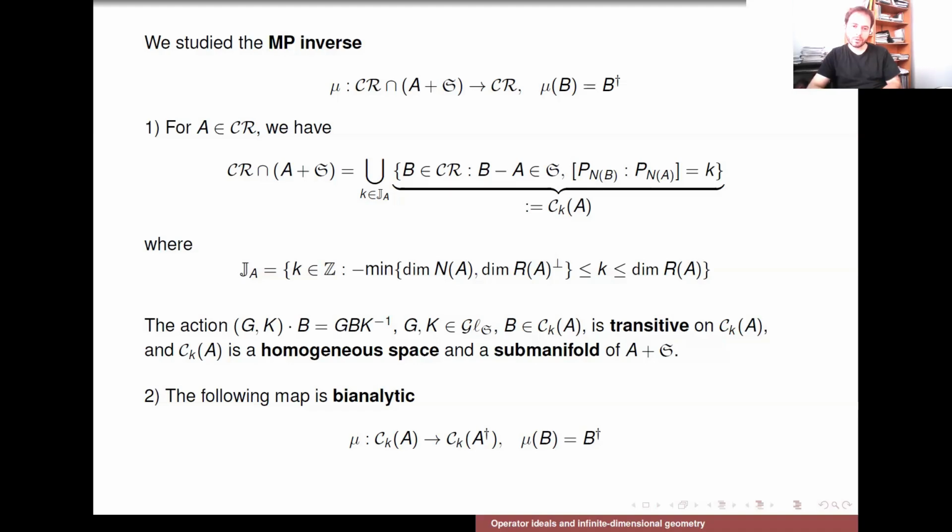So we will try to imitate these ideas now in our context with the operator modulus and the polar factor.